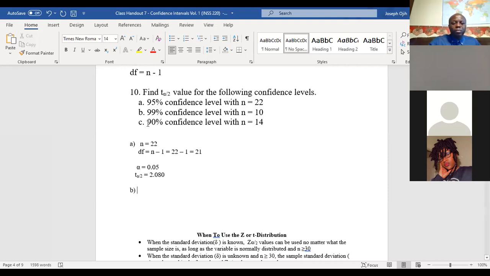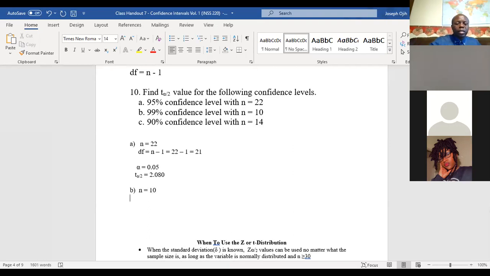The other one, part B, says 99% confidence level and n is 10. So here n is 10. So that the degree of freedom, df, equals n minus 1, which is 10 minus 1. That gives us 9.